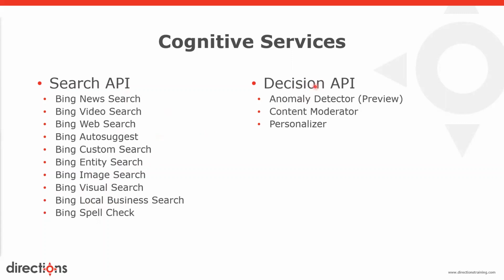And the decision has three different, like we saw before, anomaly detector. So we want to check if something is different as normally we are using. Content moderator helps us to validate if there is some adult or racy content. We want to discard that. Probably we are developing something for some serious customers or something for kids.